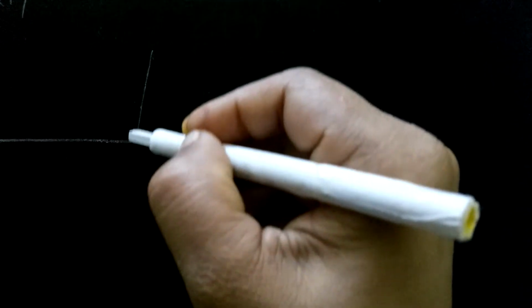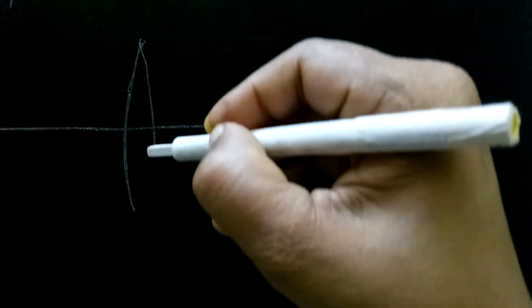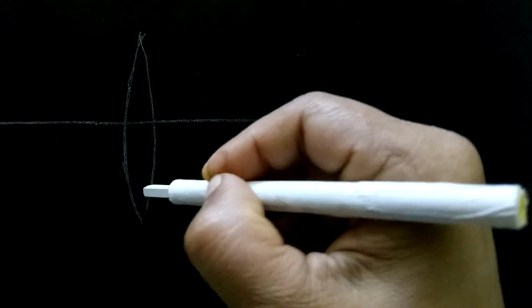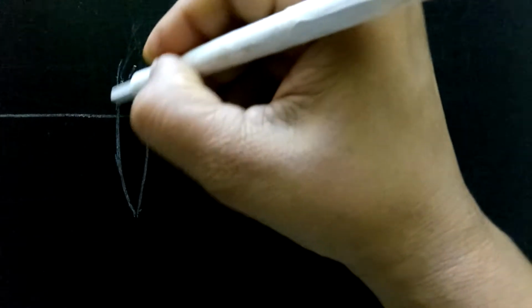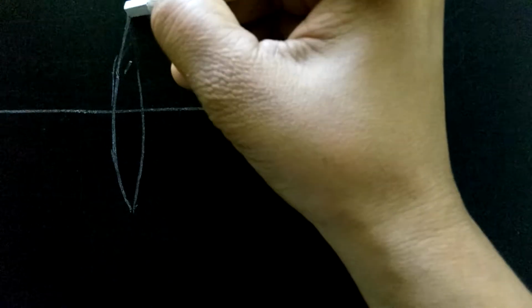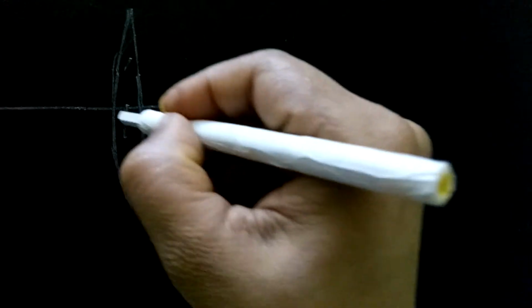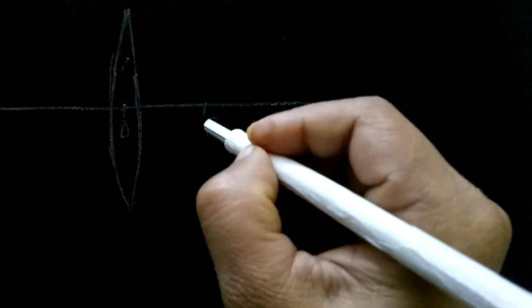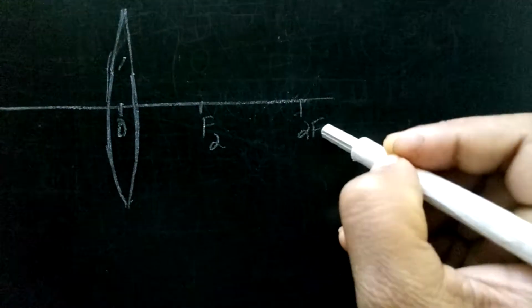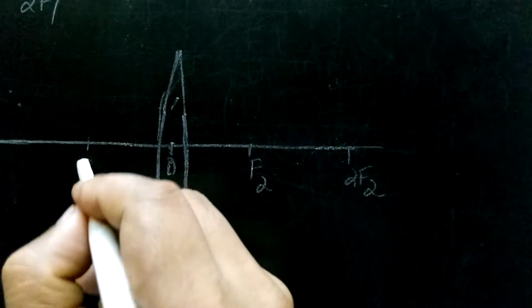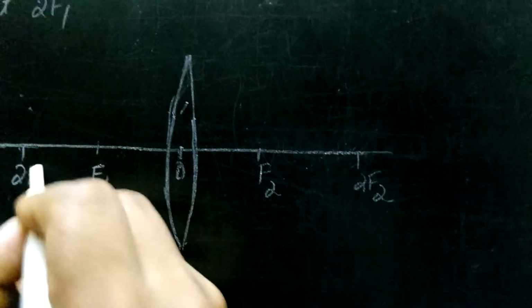Then draw a thin lens, and here O, F2, then 2F2, here F1 and then 2F1.